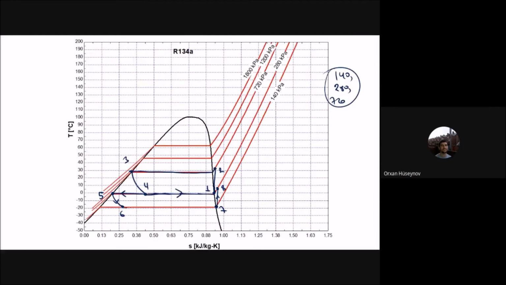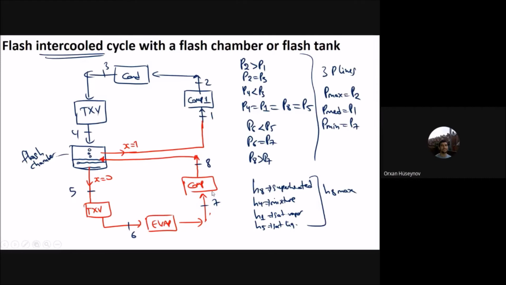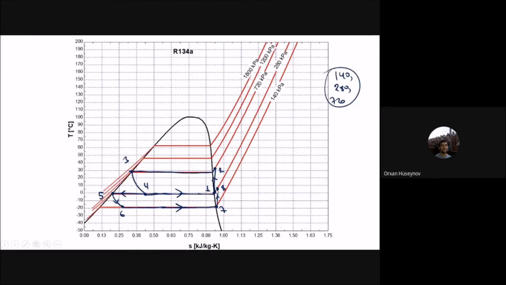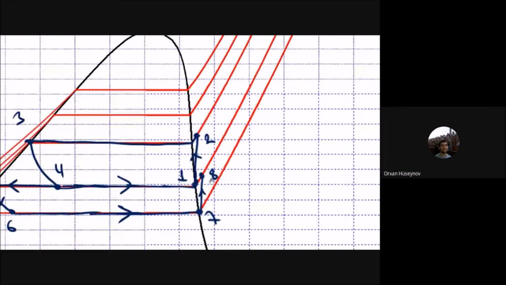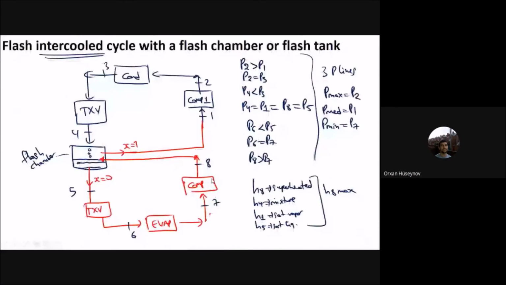Then from 6 to 7. You can see it is similar to the one with the mixing chamber, but here you have more intercooling. You have the intercooling which goes from 8 to 1. If I zoom in here, you can see that it goes from 8 to 1, but in the previous case it was just moving in the medium range here.